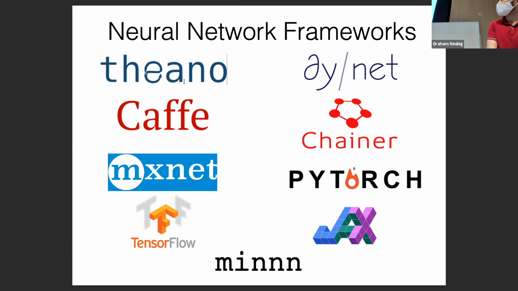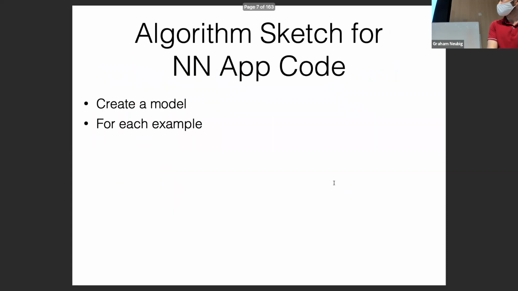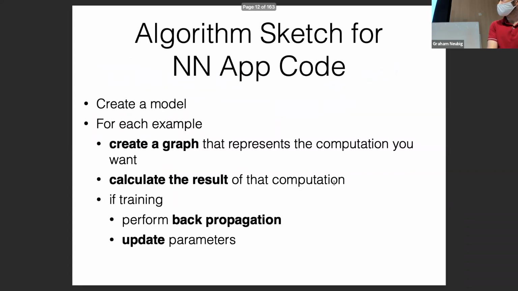Things like Theano and Caffe were entirely based on static computation. TensorFlow started out being static, and now with TensorFlow Eager supports dynamic computation. JAX is mostly static, I guess. And the difference between these is basically whether you define the computation that you do every training example.